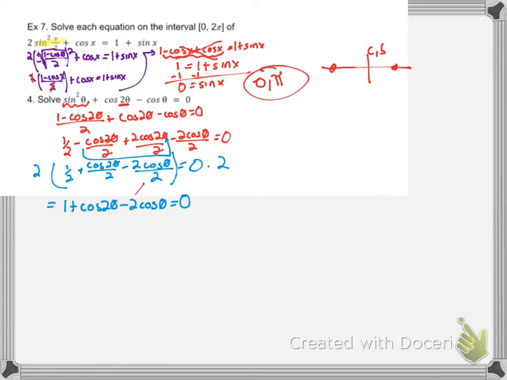Okay, this cosine of 2 theta, I can swap that out with another formula. So we can go back and look at what cosine of 2 theta equals and pick one that relates. Well, the one that's going to have cosine in it is going to be my best choice.